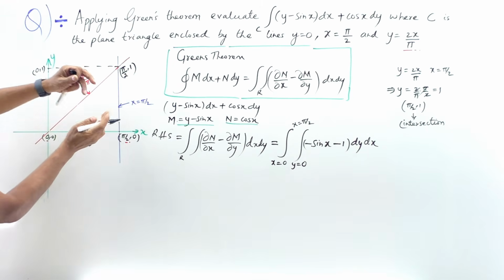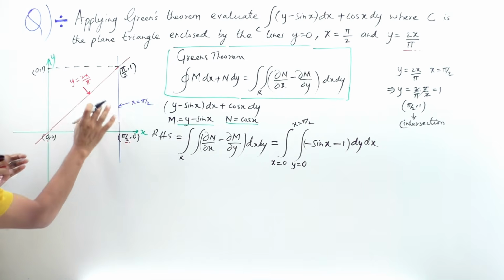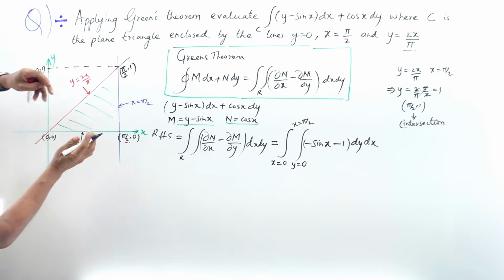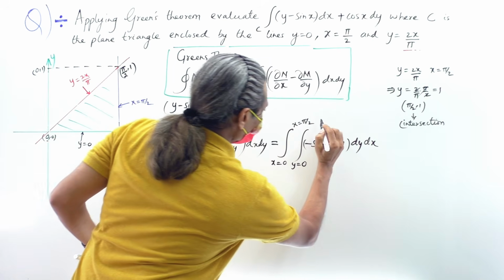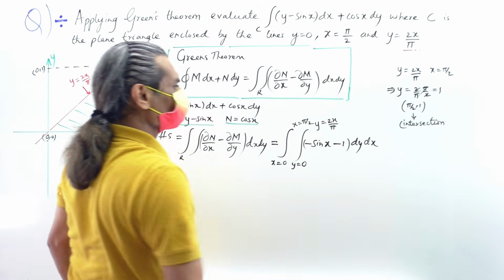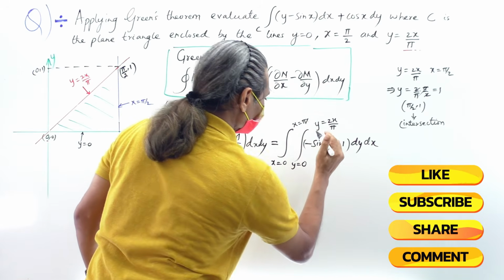This is the region we are finding, and we have to cover it according to Green's theorem. So y goes from 0 to 2x by pi. That's all. Now we need to integrate this and get the solution.